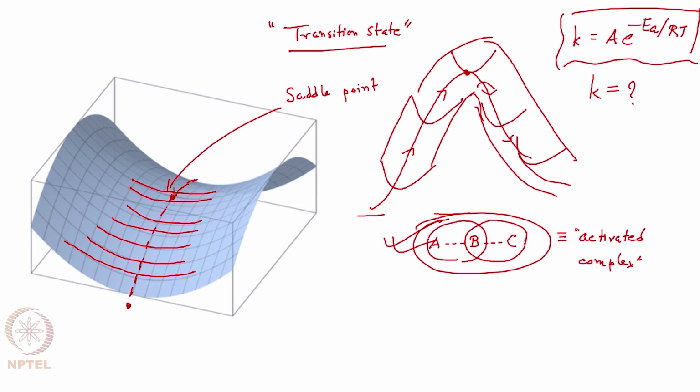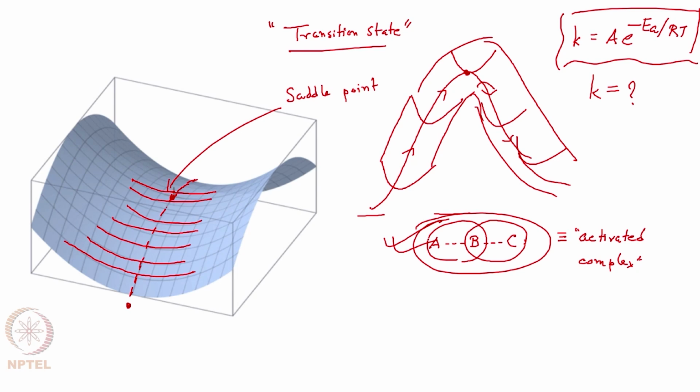So rather, what you can do is think about a potential energy surface, and go to a particular point on the potential energy surface. You can visualize or get the structure there, and then talk about the properties of the system at the transition state or at the saddle point.